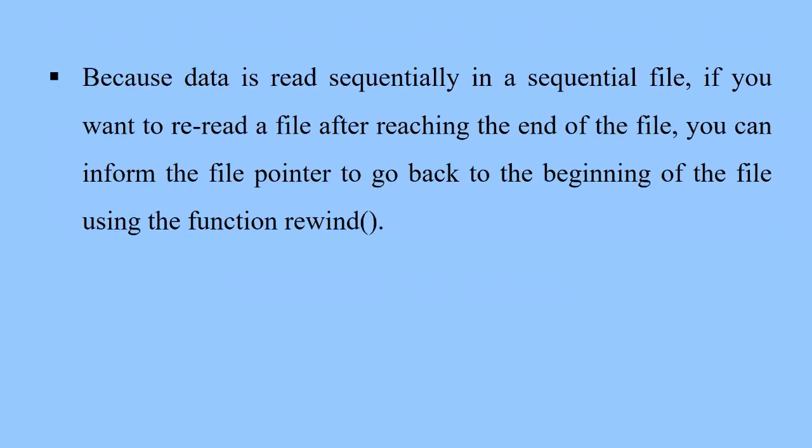Because data is read sequentially in a sequential file, if you want to reread a file after reaching the end of the file, you can inform the file pointer to go back to the beginning of the file using the function rewind. For example, rewind student ptr. Remember, in this statement, what we include is the pointer to the file.